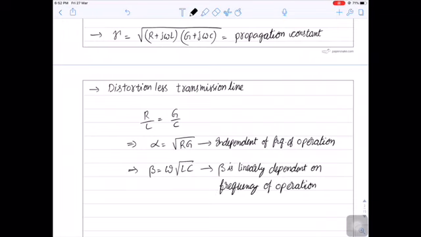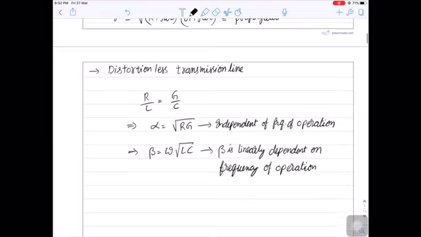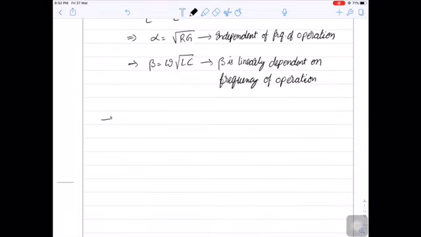Then we have seen the input impedance of the transmission line, and we derived this equation also.